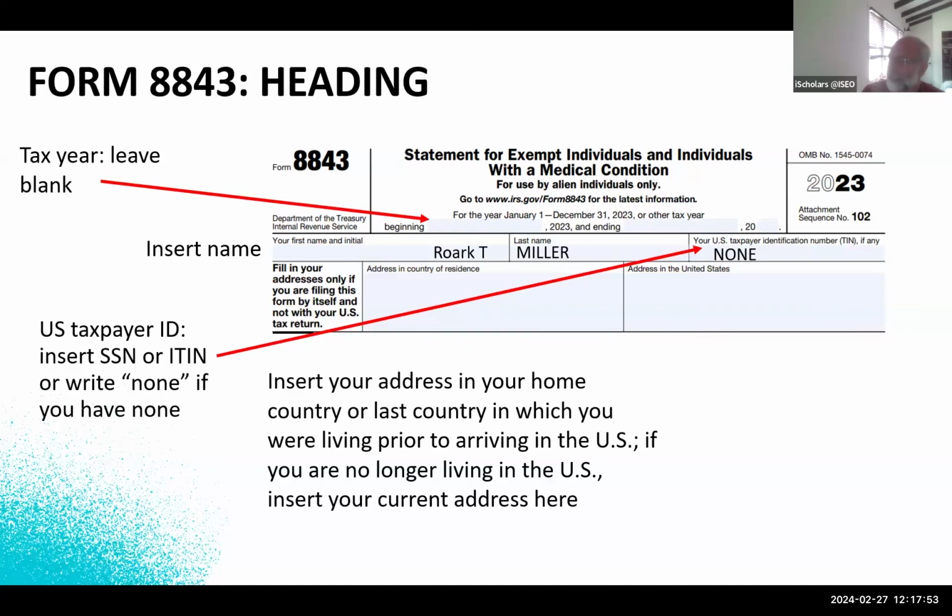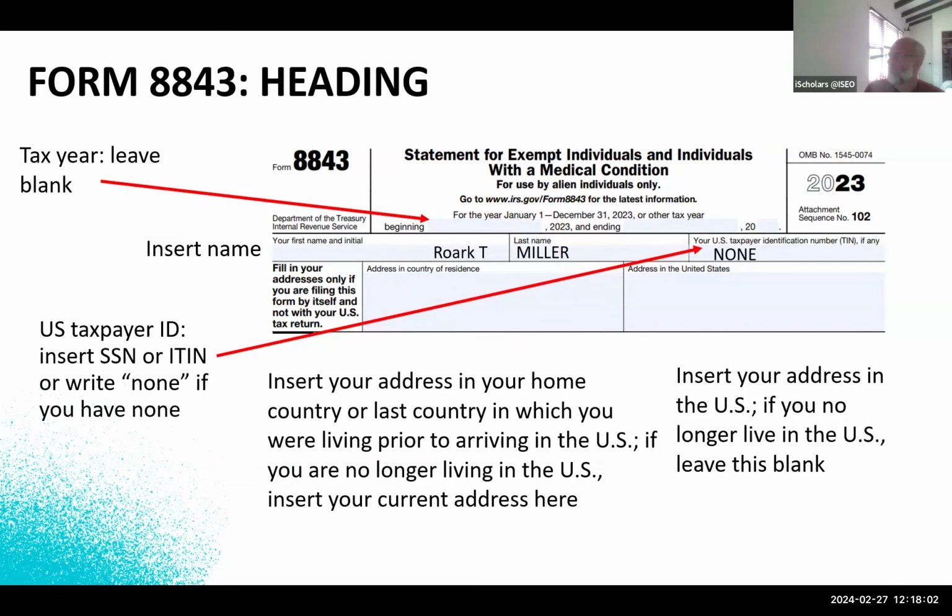And then you're going to insert your address in your home country or last country in which you were living prior to arriving in the US. Okay. If you're no longer living in the US, you would insert your current address here. This is the address in country of residence.